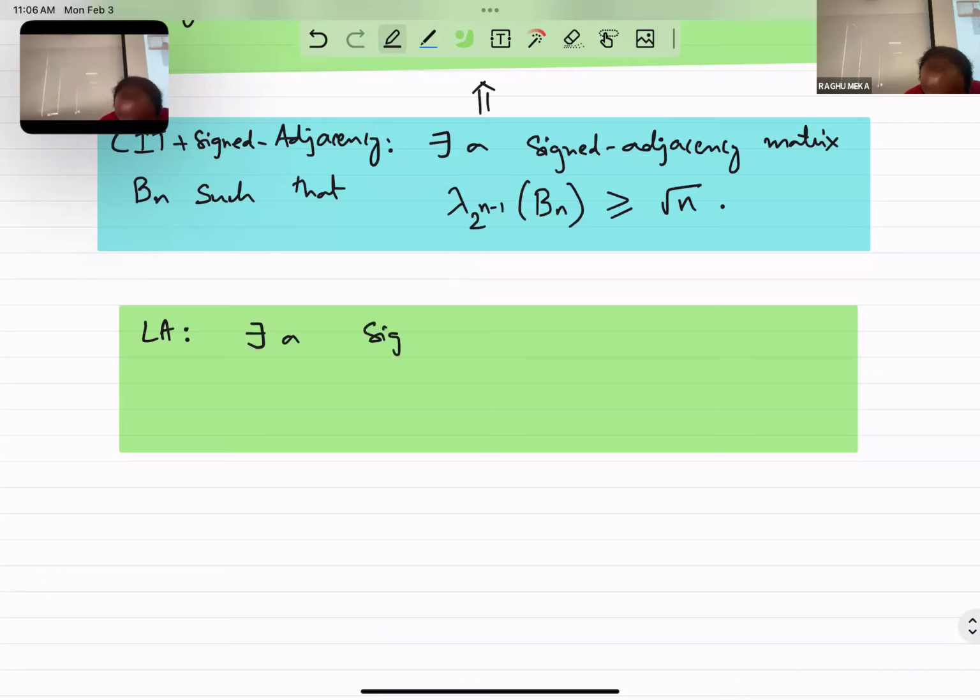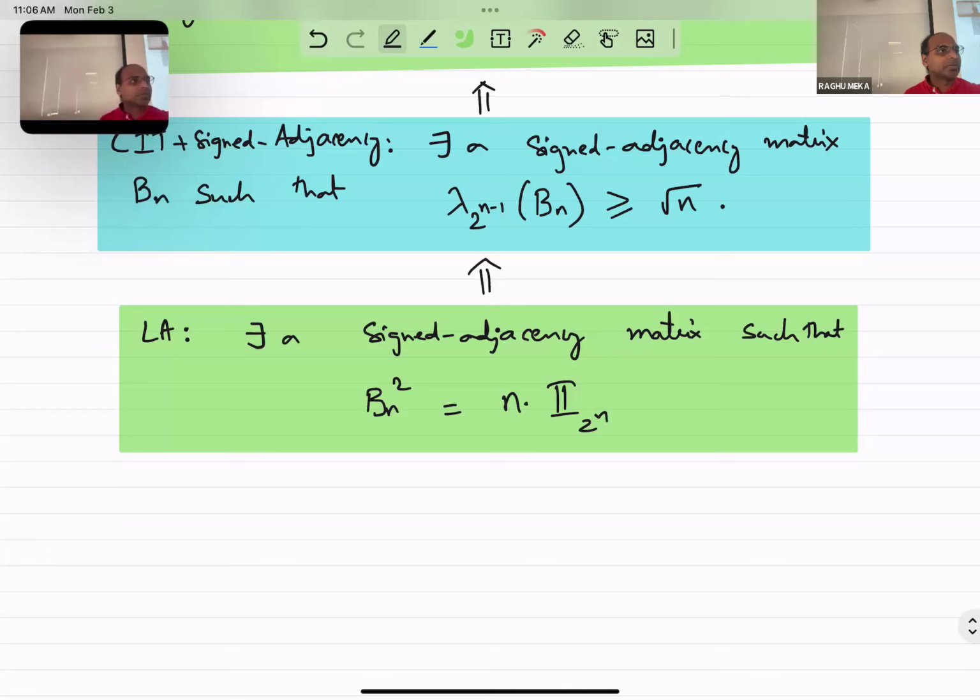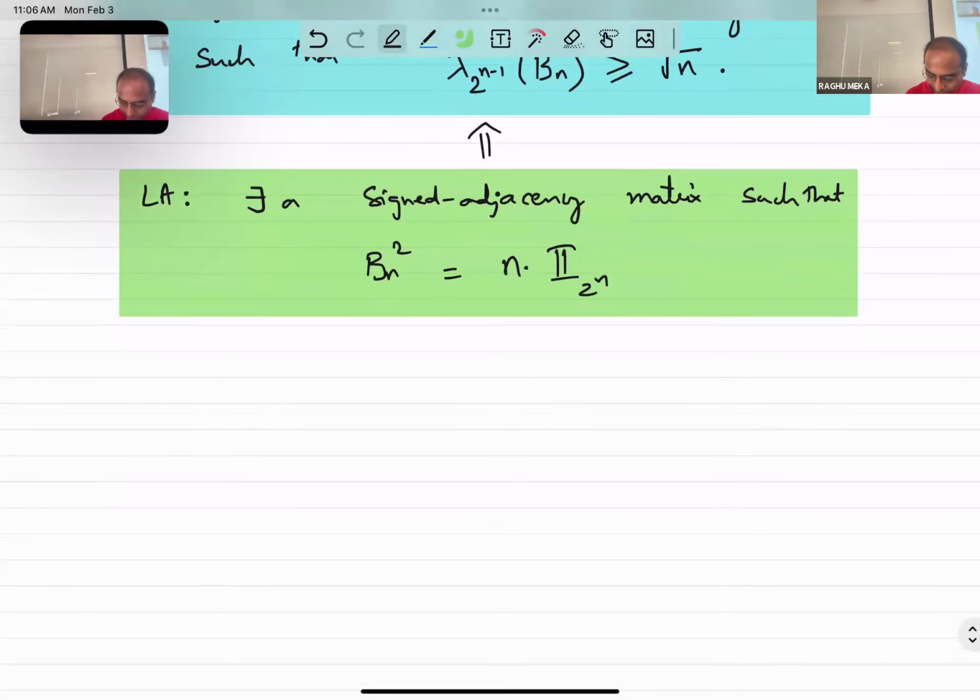There exists a signed adjacency matrix such that, okay. And finally, this was just by induction.